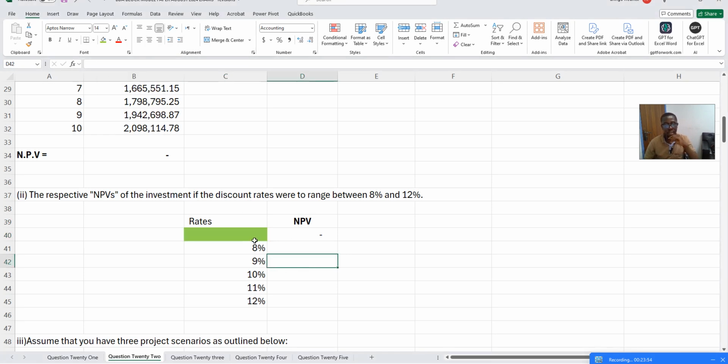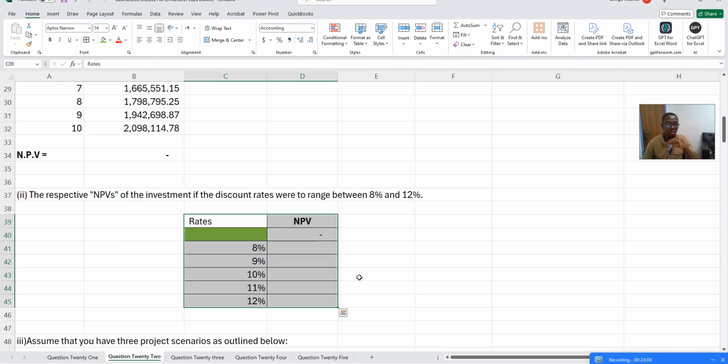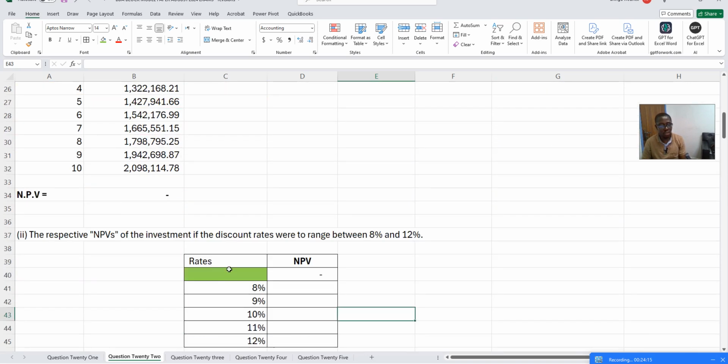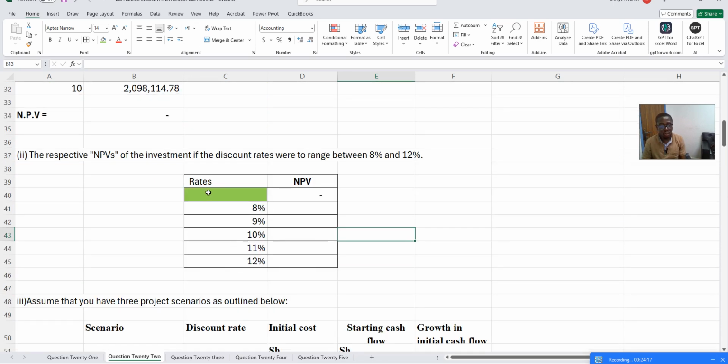So I'm going to highlight. These are what we need to achieve. So we need to determine the NPV at these given rates. So instead of you doing it manually, this is the best way that you can work it out. Just highlight your data from the point blank up to that. You see I've skipped the titles, right?